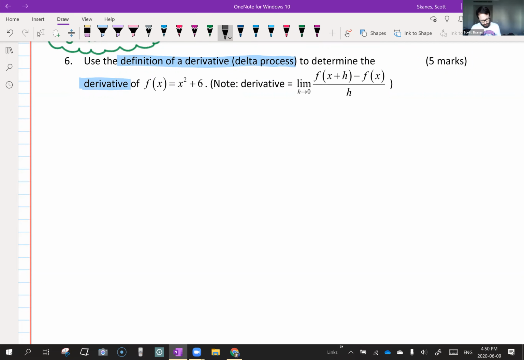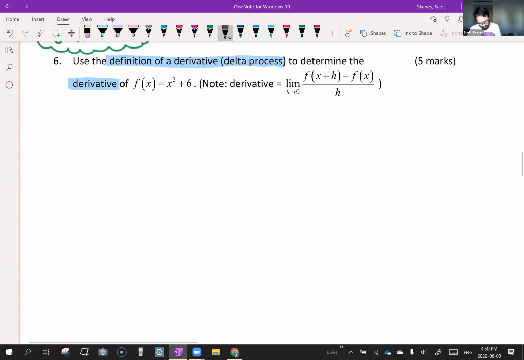Let's consider what our function is. Okay, let's write out our functions. We have f of x. What is f of x? It's x squared plus 6. Let me go one step further and remind you what the next step is. This formula is going to need f of x plus h. What's f of x plus h? Well, we take our x and replace it with x plus h.